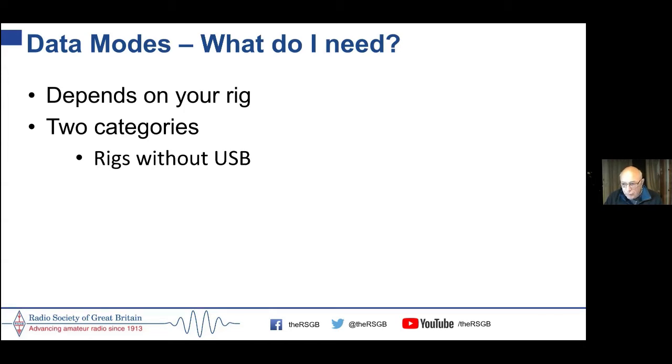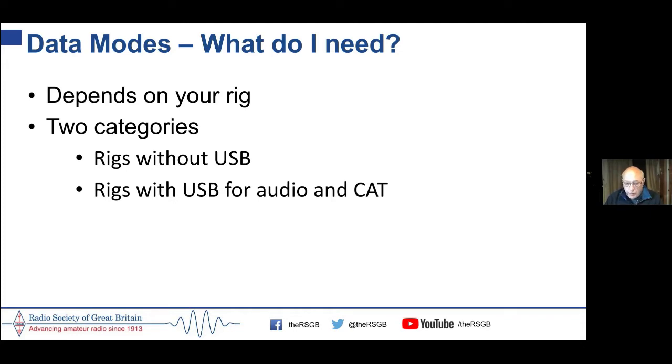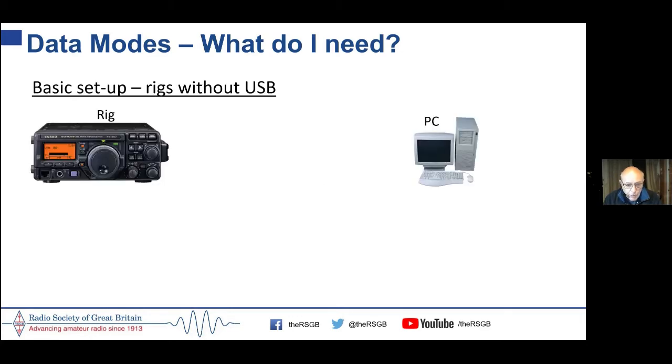That era of rigs didn't have any USB connectors on them to handle the audio and the CAT control. And the second category is all the later rigs that have a USB socket that handles the audio and the CAT control. So let's see how you do it if you've got an older rig.